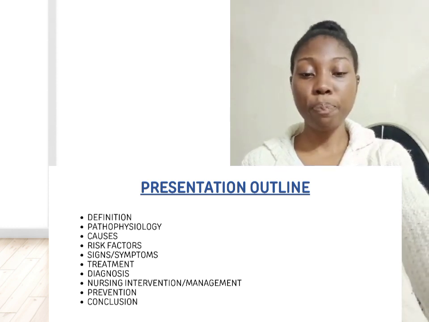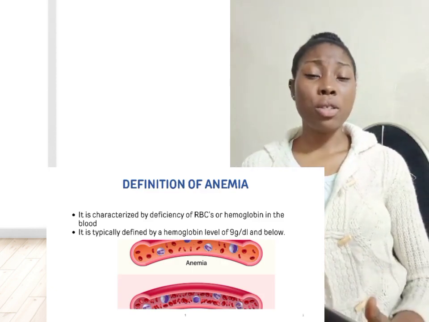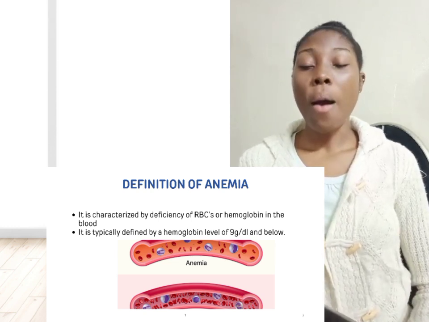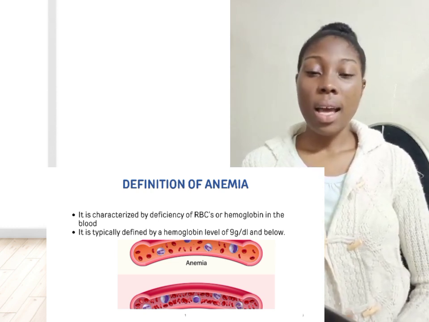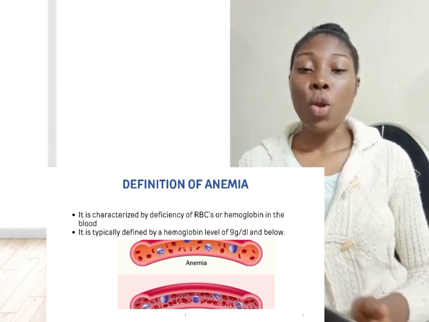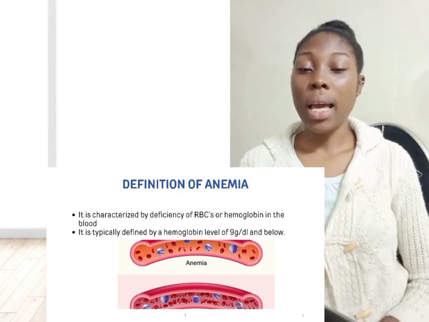So let us begin. Let us discuss the definition of anemia. Anemia is usually referred to as shortage of blood in layman's terms. What is anemia? Anemia is a disease or a condition that is characterized by low red blood cells or hemoglobin in blood.